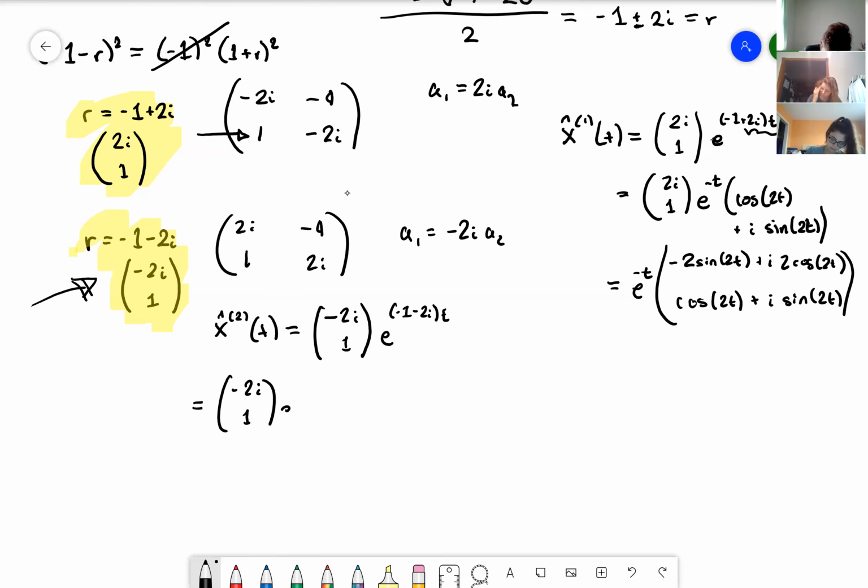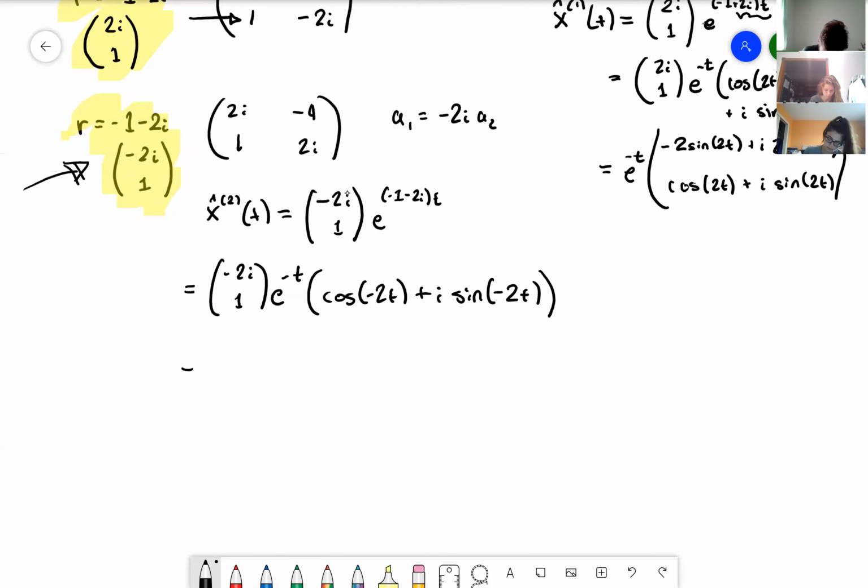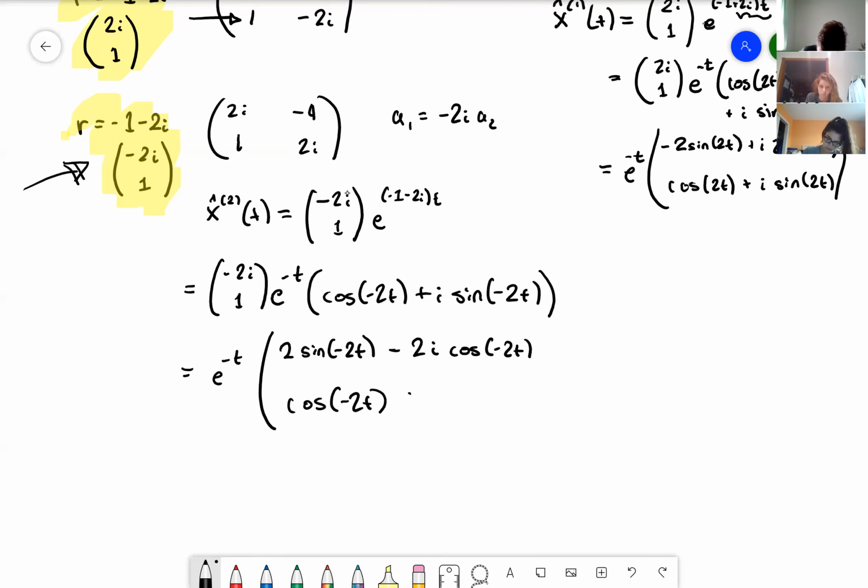Minus 2i, 1 e to the minus t cosine of negative 2t plus i sine of negative 2t, which is e to the minus t, 2 sine of negative 2t minus 2i cosine negative 2t, and then cosine negative 2t plus i sine of negative 2t.